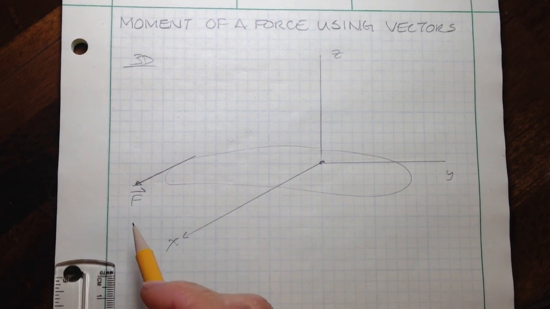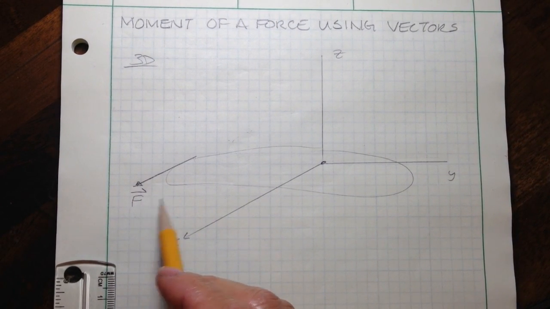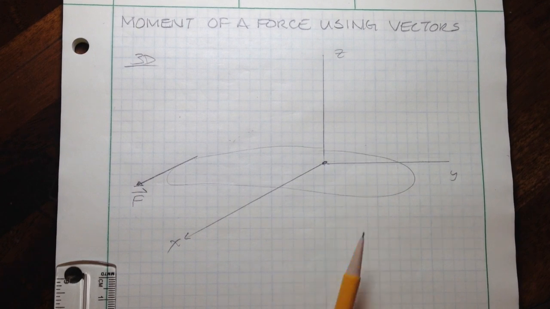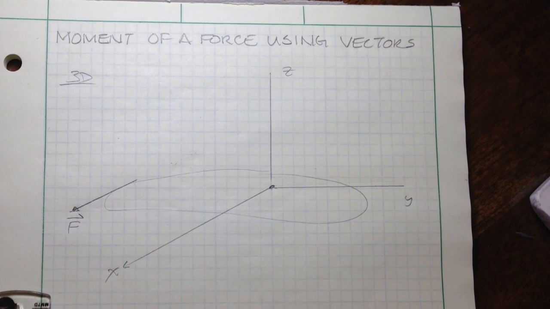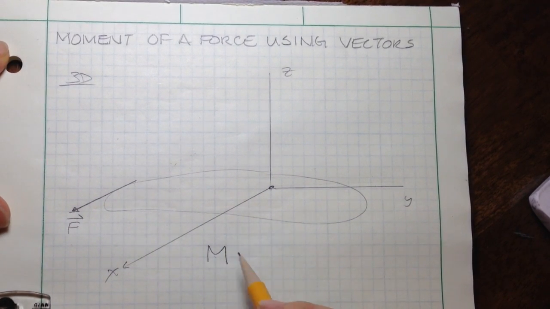So what we want to know is what is the moment about point O, or about the positive z-axis, due to this force F. So the formula is as follows.